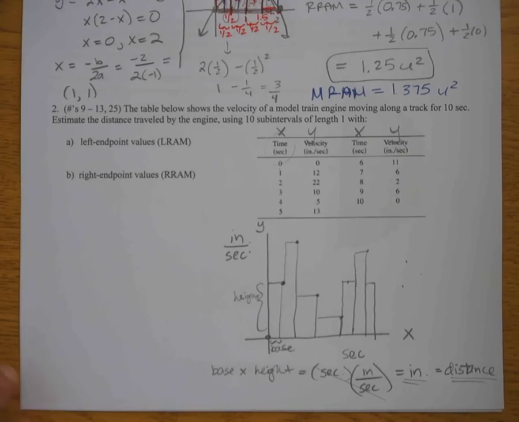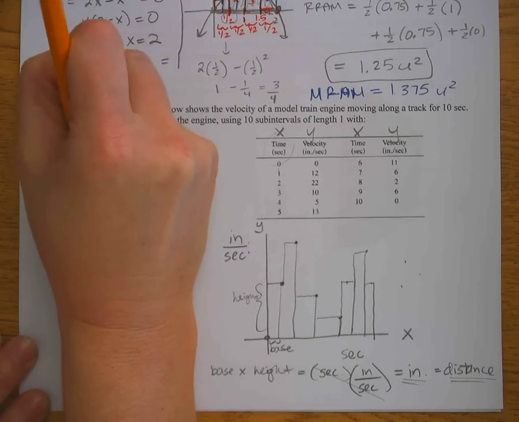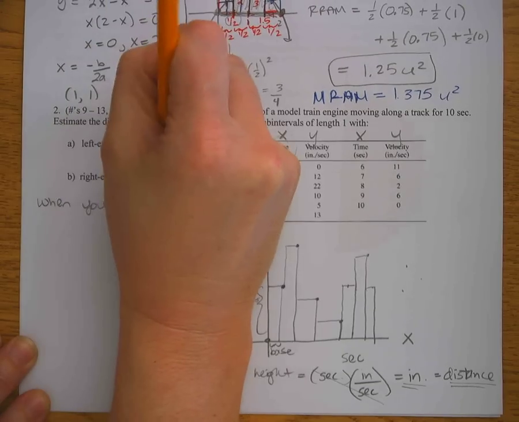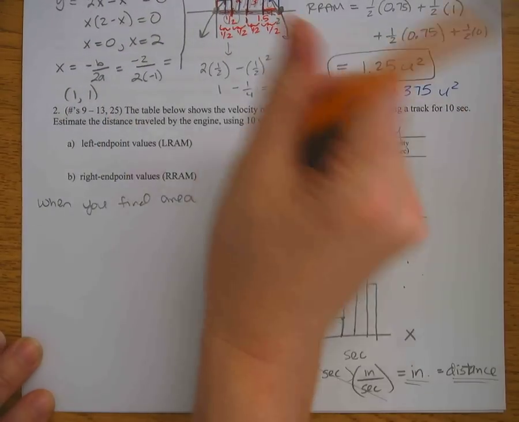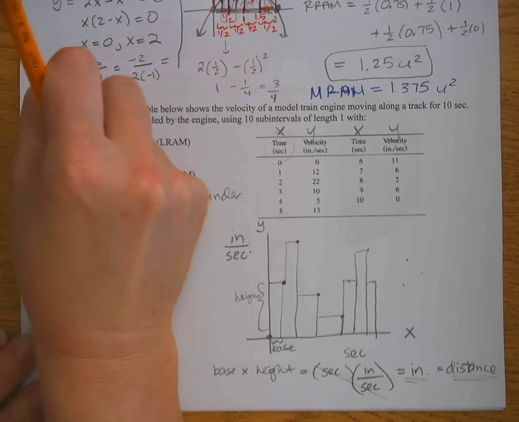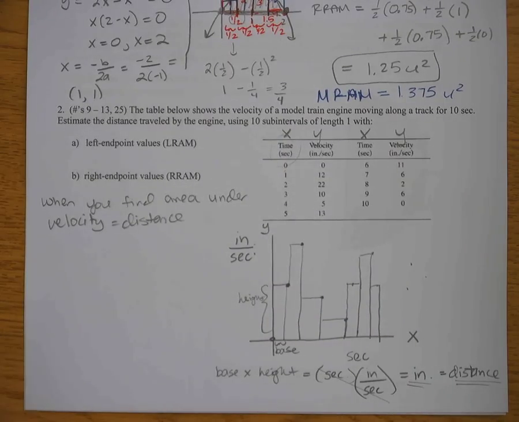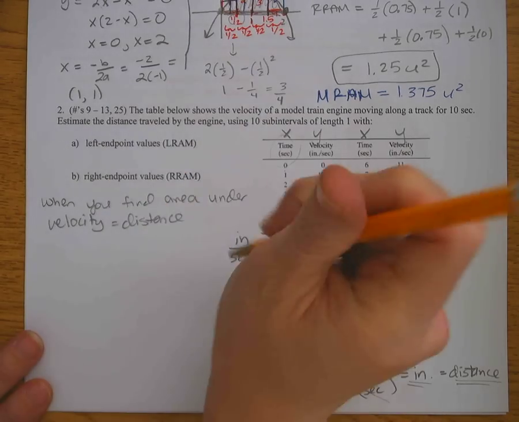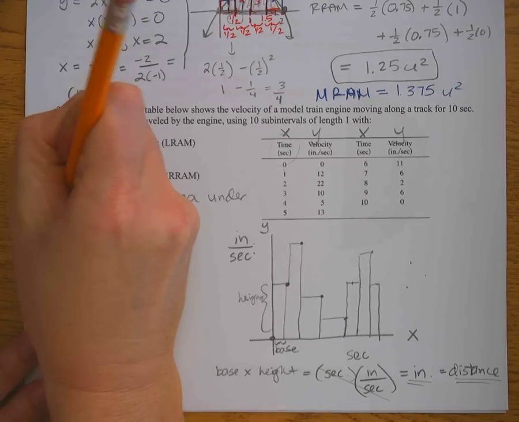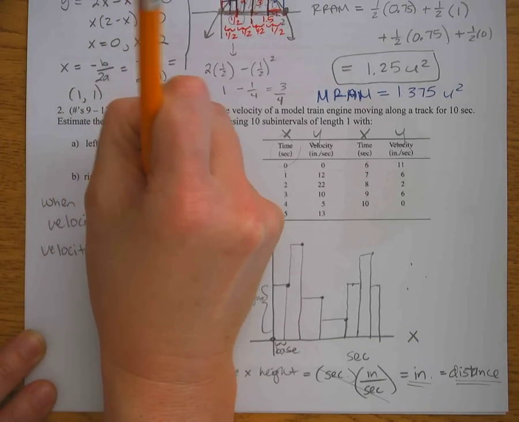So I want you to notice that when you find the area under velocity, you end up with distance. And if you think back to chapter 3 or 4, we talked about how velocity is the derivative of position, or distance.